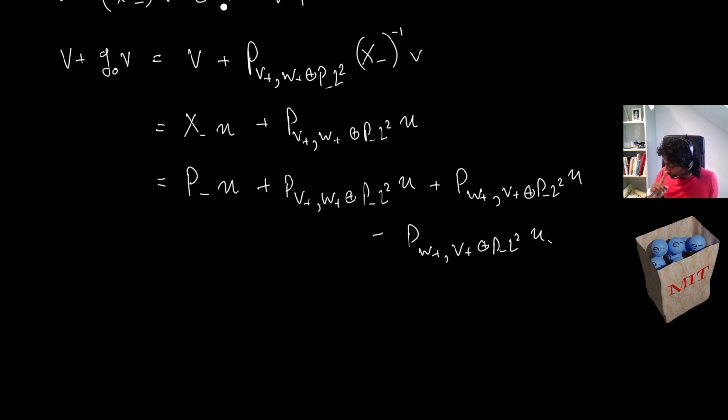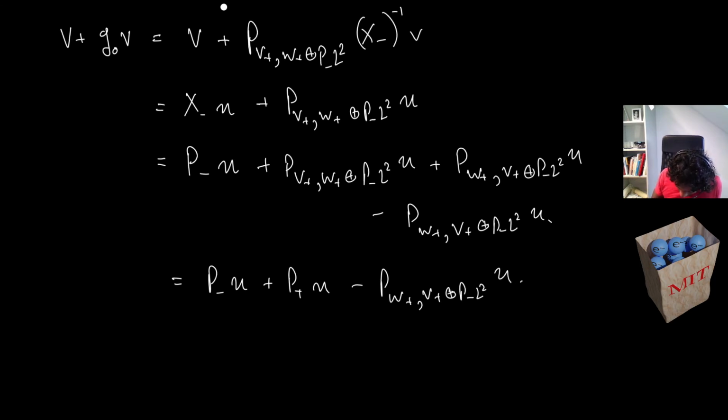So that was a part of the first proposition we proved. So actually the sum of these two projectors is P plus. So we have P minus of U plus P plus of U minus PW plus V plus P minus L2 of U. But then this adds up to the identity.